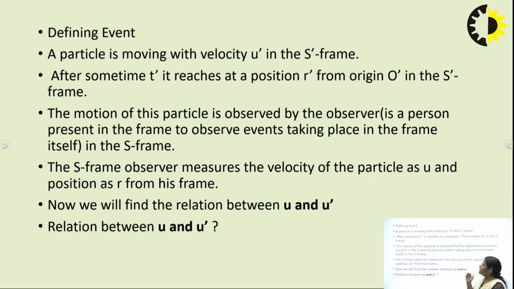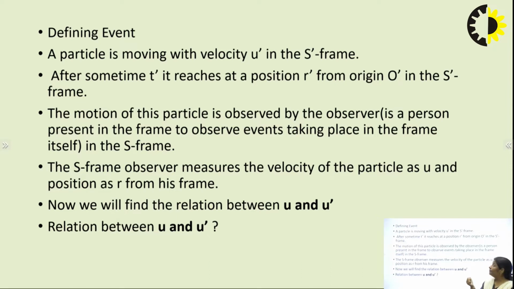Then what happens? Now, we come to the point that this same motion is observed by the observer or the person who is present in the S frame. Let me also make this point clear that the person who is present in a frame is referred to as observer.